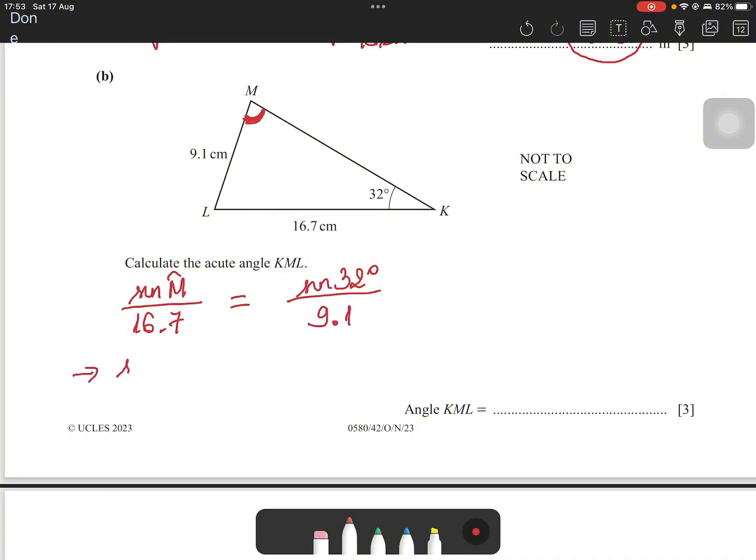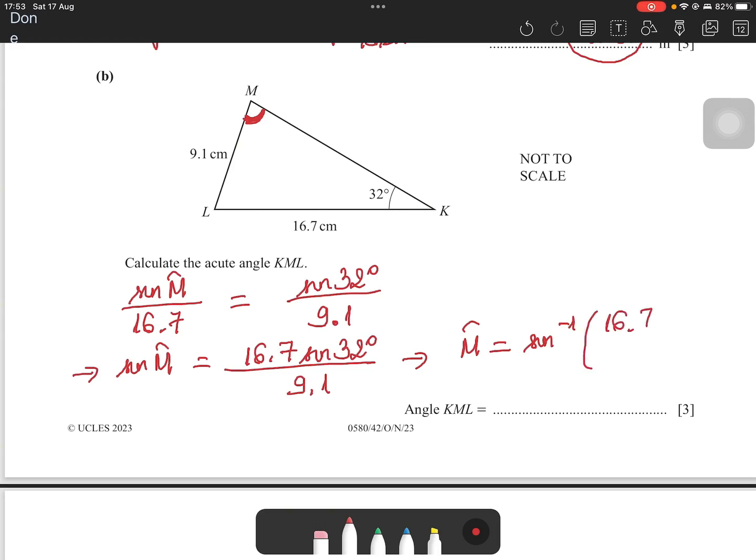So to find sin M, we multiply 16.7 sin 32 degrees over 9.1. Then to find the angle M, we use the inverse of sin of 16.7 sin 32 degrees over 9.1. So the final answer is 76.5 degrees.